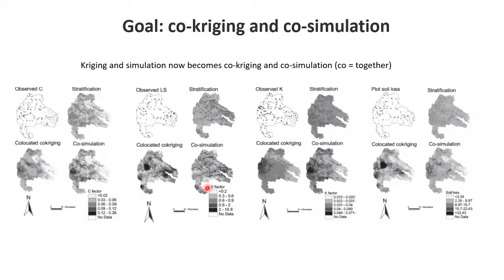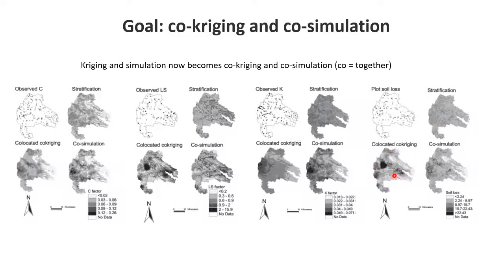So if we do that properly, and we can do that for all variables, then now we can do co-kriging. For example, we do co-kriging of the soil loss. Here is if you just use spatial data aggregation, the methods that we've seen before, such as weights of evidence, then we get this map. Doesn't look very informative.